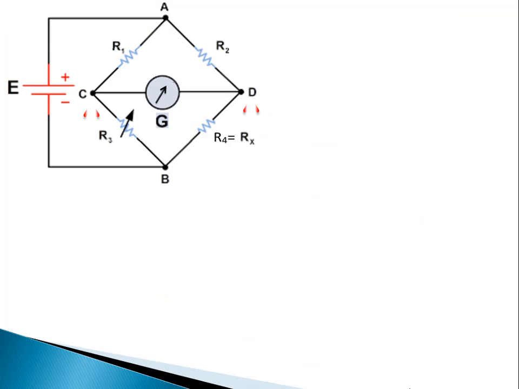When the potentials at C and D are equal, then the voltages across the two ratio arms, that is the voltage across R1, V1, and the voltage across R2, V2, are the same.